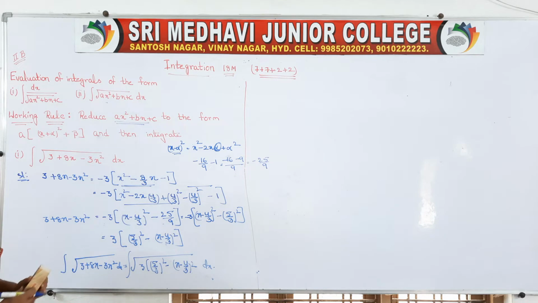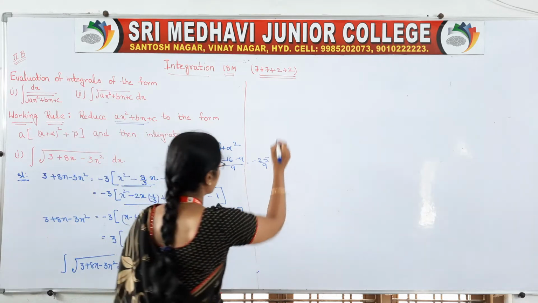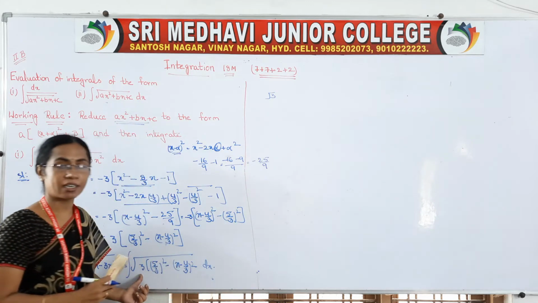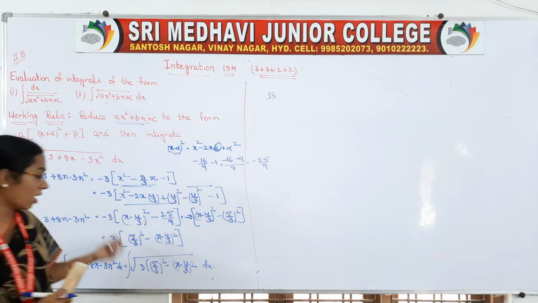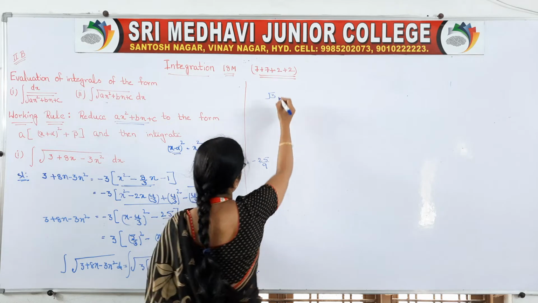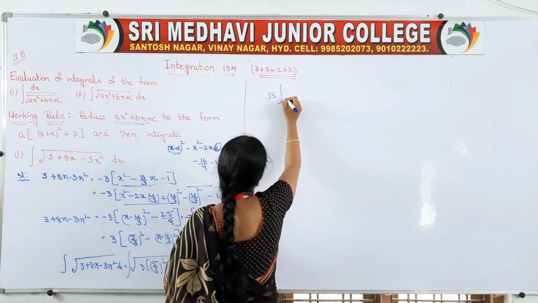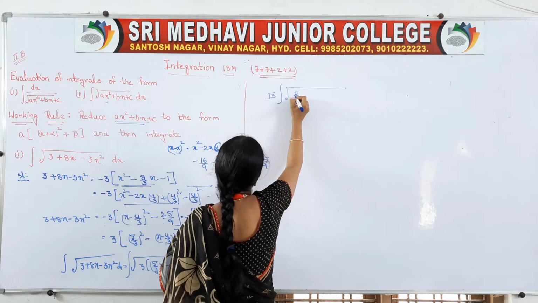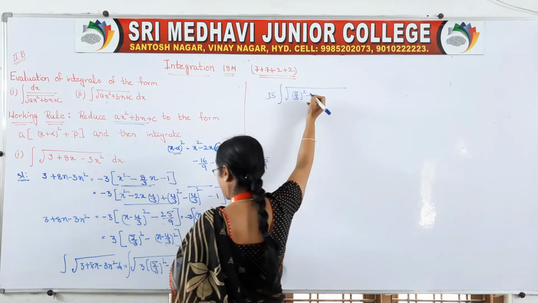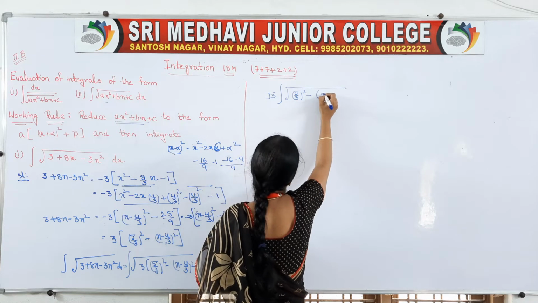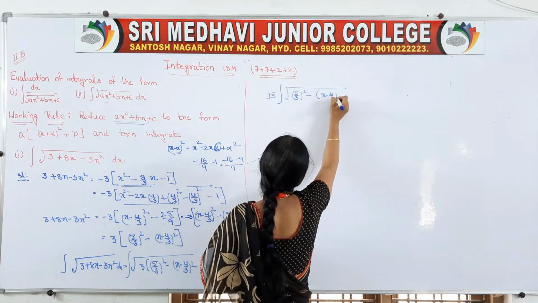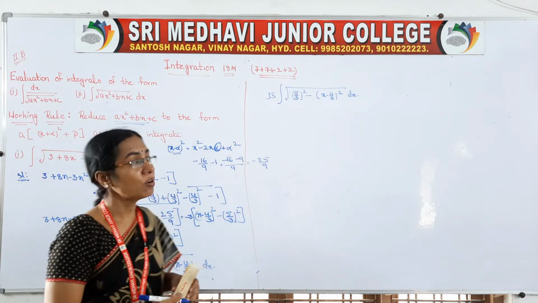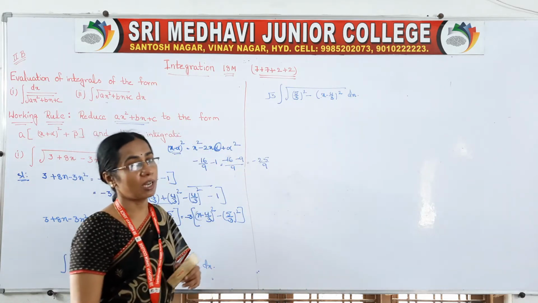Okay. So now you take this root 3 outside. Any constant in the integral, we'll take that one outside. So now your problem is integral of root of 5 by 3 whole square minus x minus 4 by 3 whole square into dx.